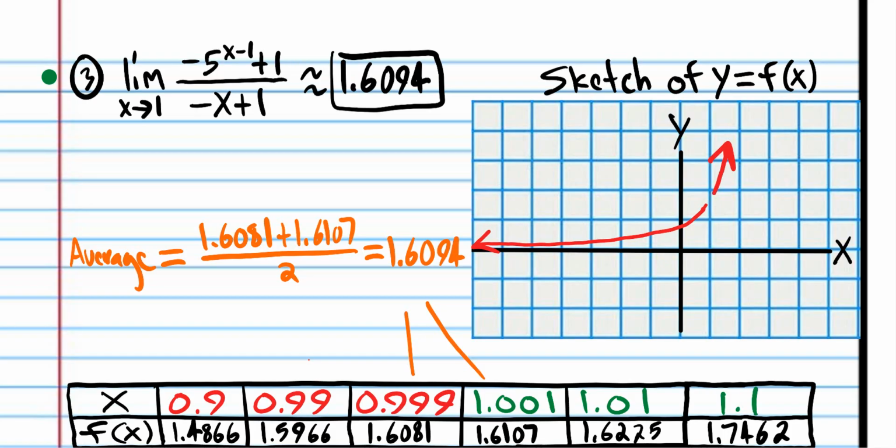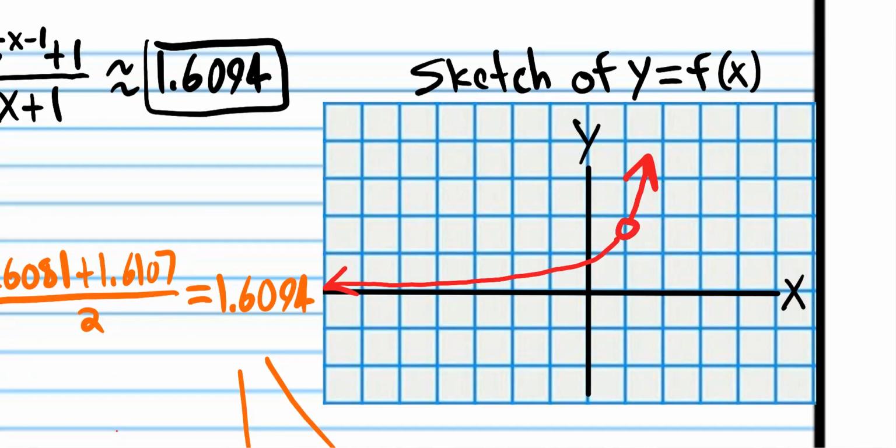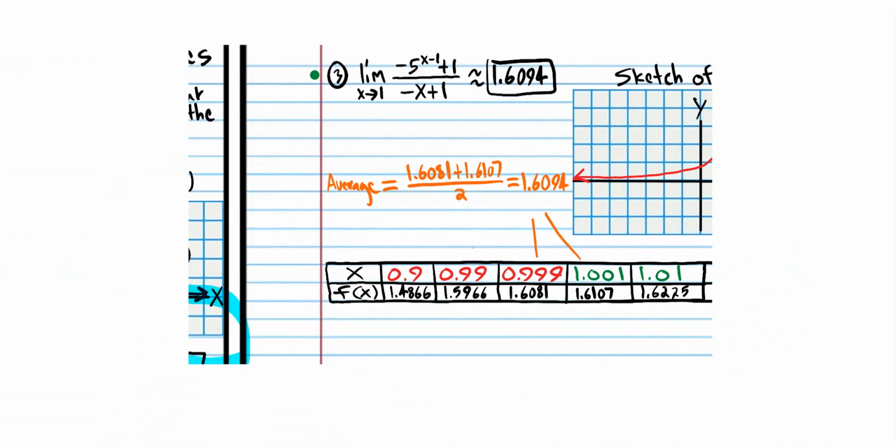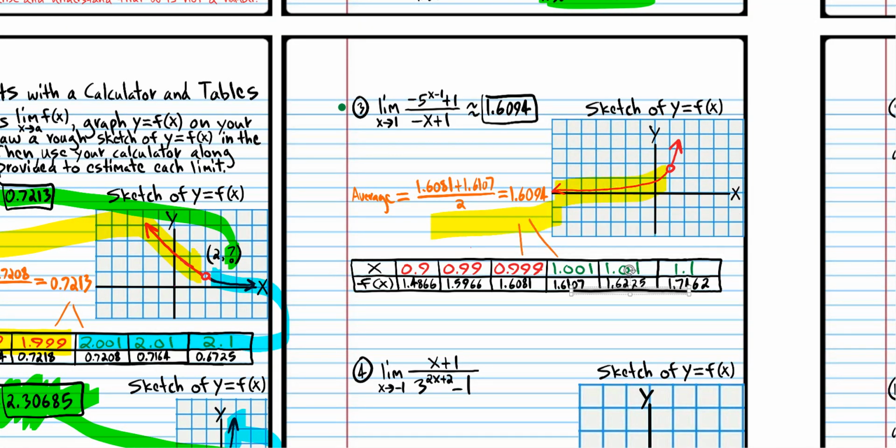So that's going to be somewhere around there. So we came from the left and we came from the right, and the x value of that hole obviously is 1. The y value we don't know, we just estimated it. That's 1.6094.